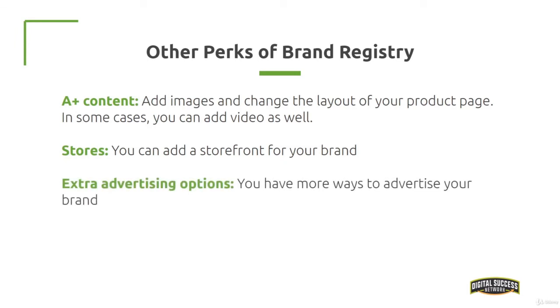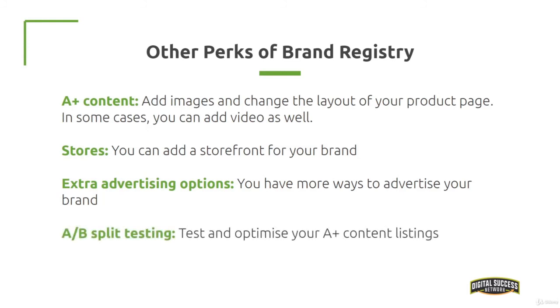You have many extra advertising options, and we'll talk about this a little later. You can also split test your product listings to optimize your content, and you also have analytics. Note that if you have more than one brand, you would apply separately for each brand you own. So each would have its own storefront, advertising options, split testing, analytics, and stuff like that.